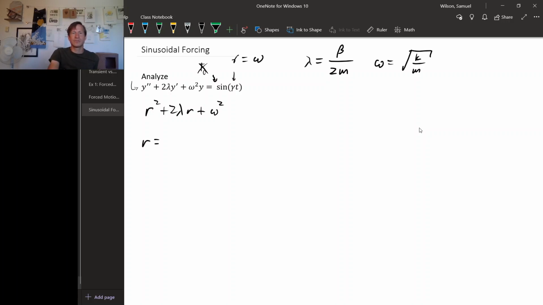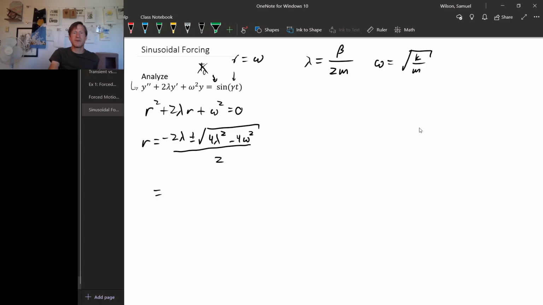So the roots are minus 2 lambda plus or minus the square root of 4 lambda squared minus 4 omega squared, all over 2.